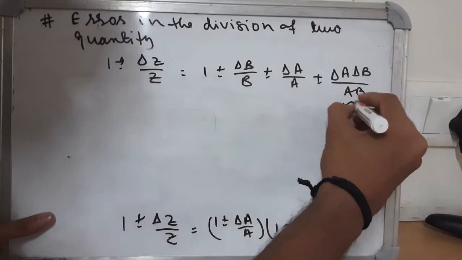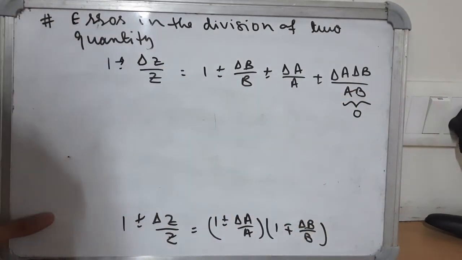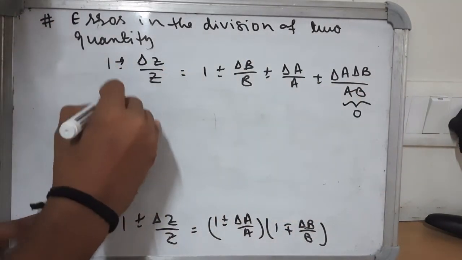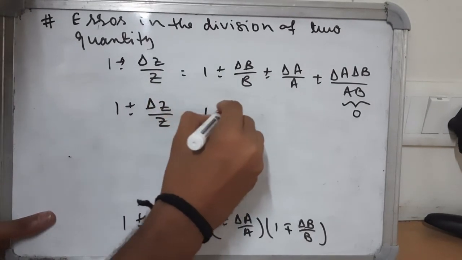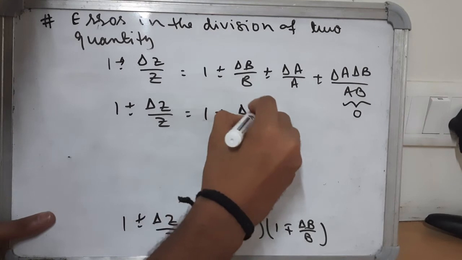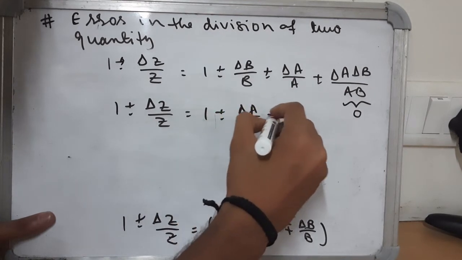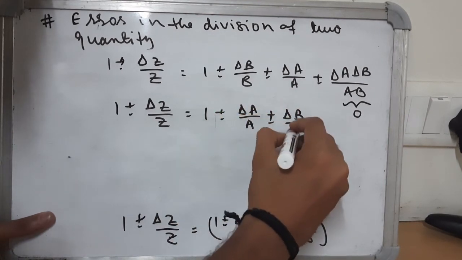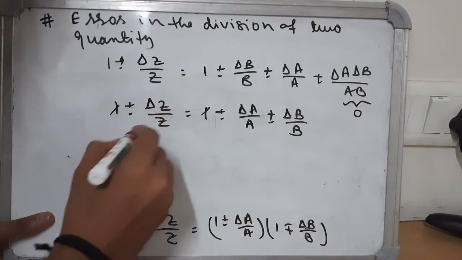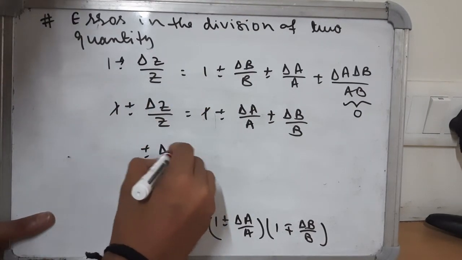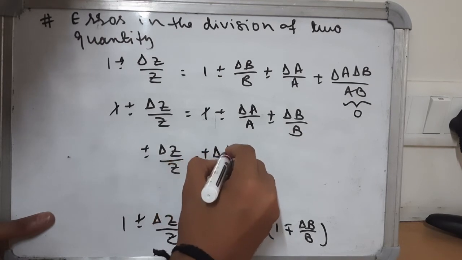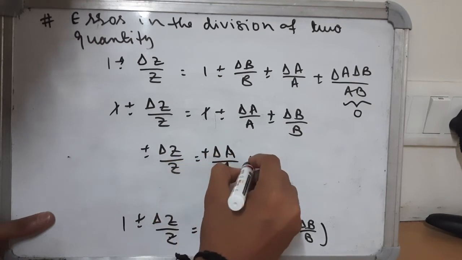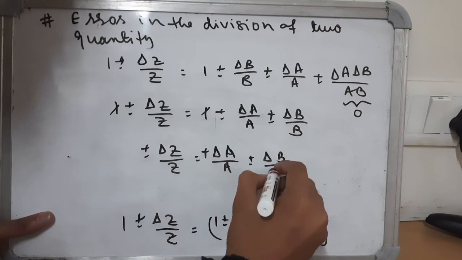Again, this is very close to 0, so we can neglect this term and write 1 plus minus delta Z upon Z equals 1 plus minus delta A upon A plus minus delta B upon B. Again, this 1 will be cancelled out and we are left with only delta Z upon Z equals plus minus delta A upon A plus minus delta B upon B.